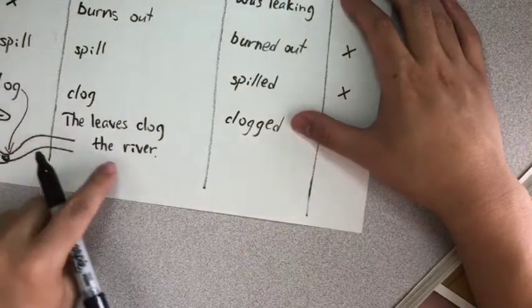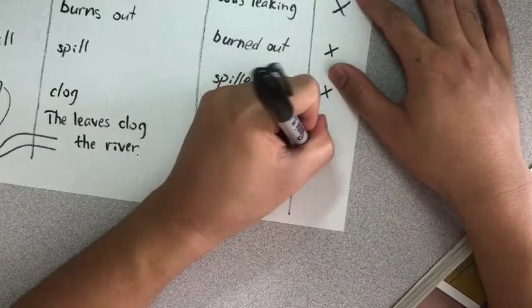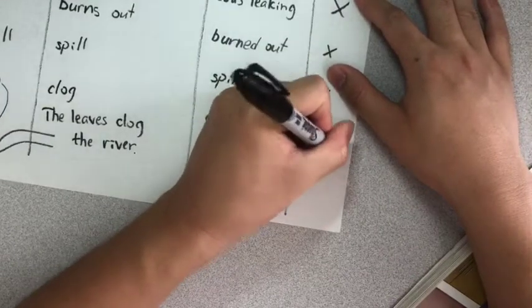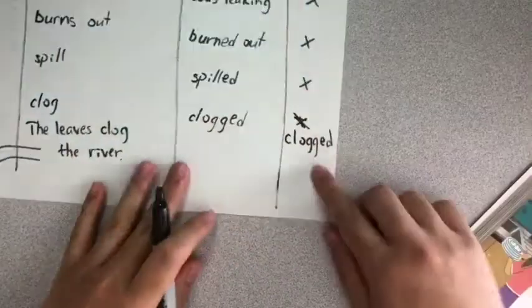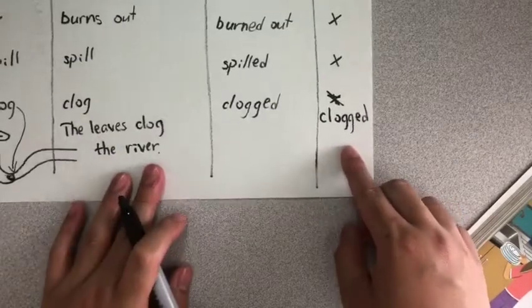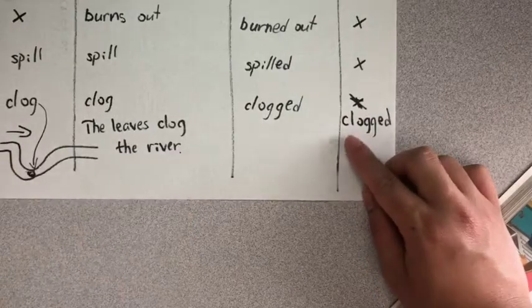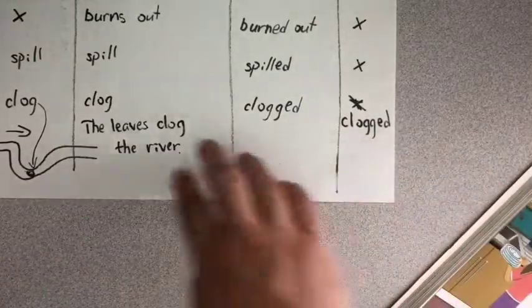So the leaves clogged the river last year. Oh, and this should be clogged. The adjective. So we can say the river is clogged. The sink is clogged. The toilet is clogged.